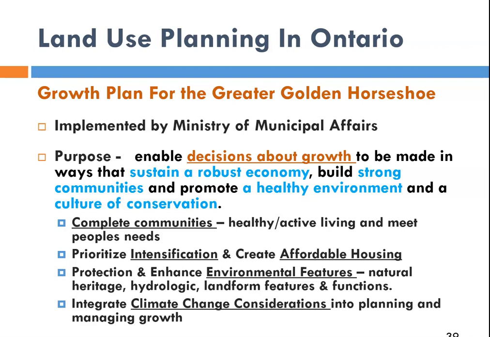And it's taking into consideration the changes that we are seeing as a result of climate change, and how might that impact some of our planning components, and how do we need to be managing growth and sprawl and some of the pollutions that come as a result of that, in order to address some of those climate change considerations.